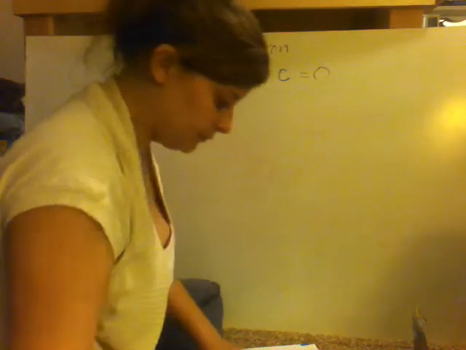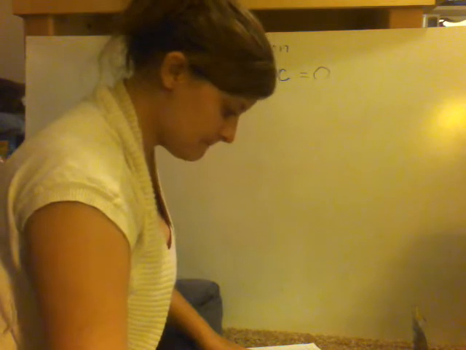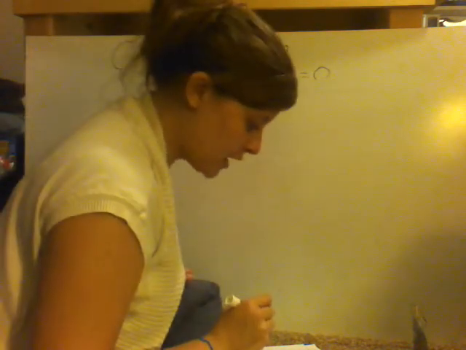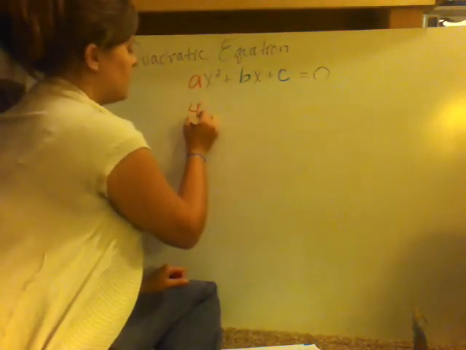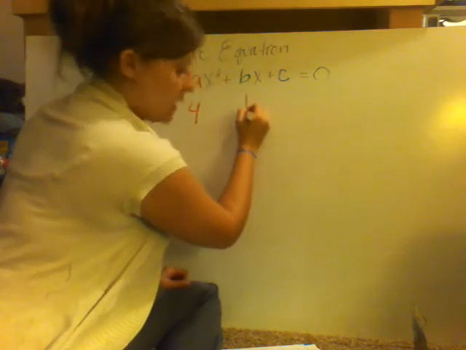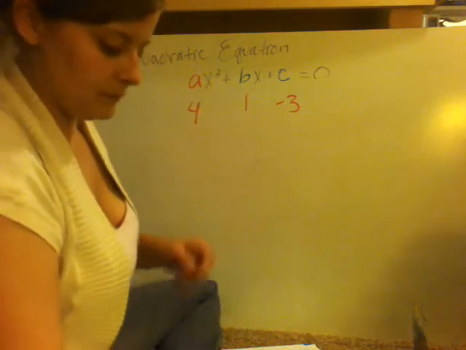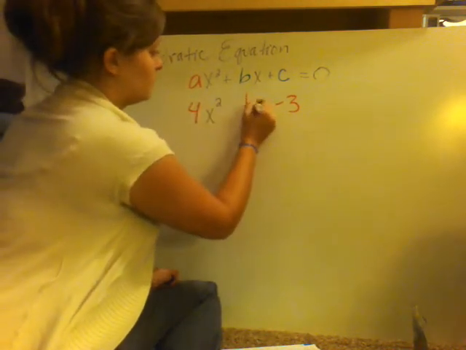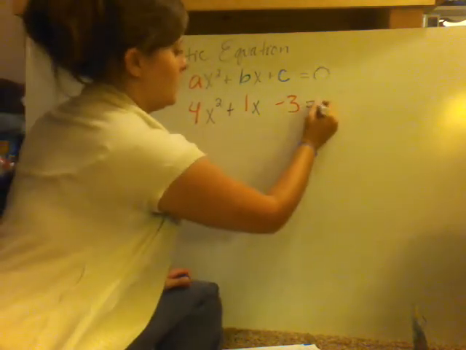So, let's do an example. Yep, that looks like a good example. I'm going to do 4x squared plus x minus 3 equals 0. So I have 4x squared plus x, I'm going to have a 1 there, minus 3, equals 0.